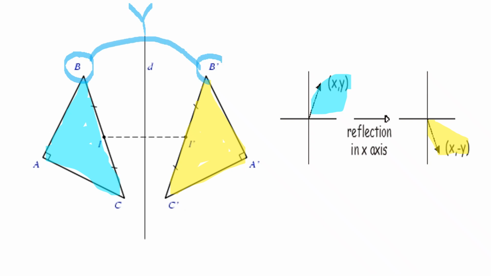So a question that students normally ask is, how do I know which is the first image and which is the reflected image? Always look for this little sign. You have a little denotation next to the letter, right? It's a small stroke, right? So you know that this is your reflected image. So I know that the blue image is reflected across the y-axis to become the yellow image.